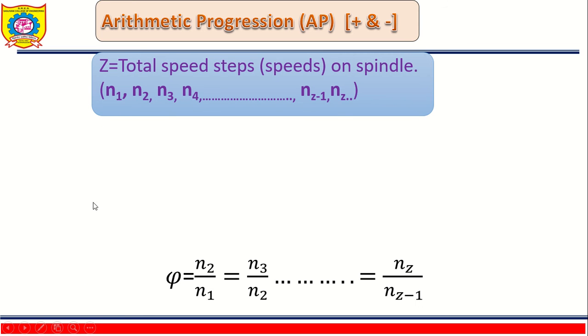In the case of arithmetic progression, Z is the total number of spindle speed steps, like n1, n2 up to nz.